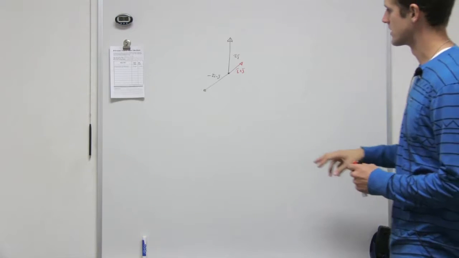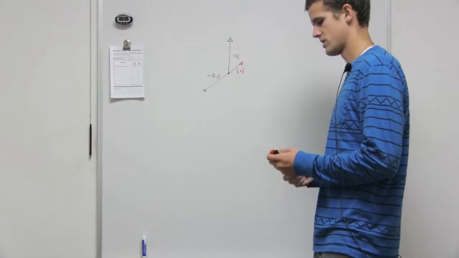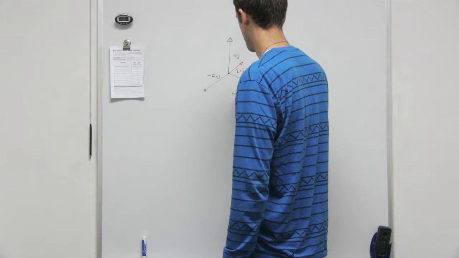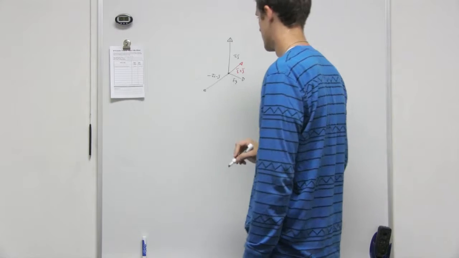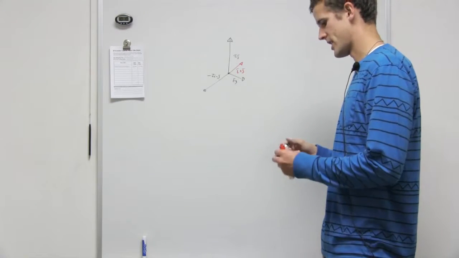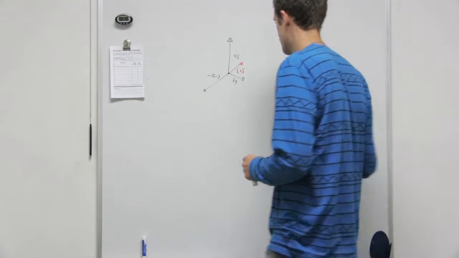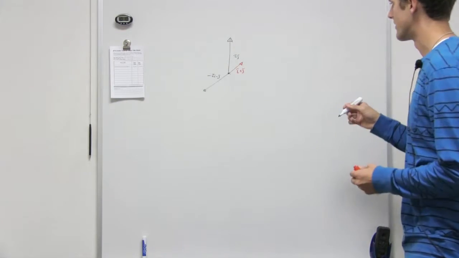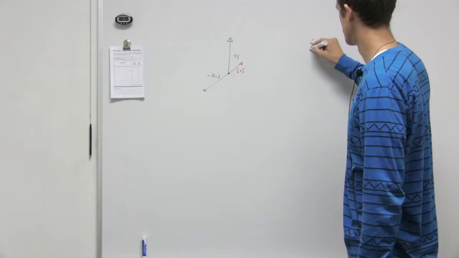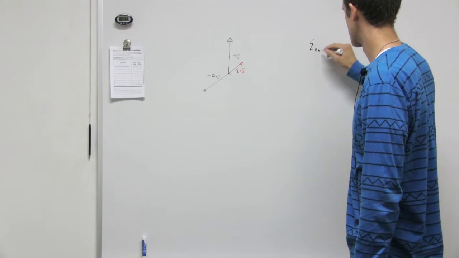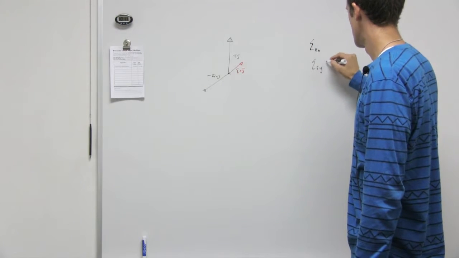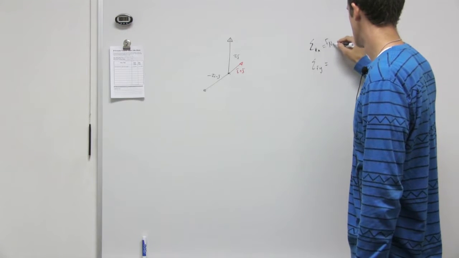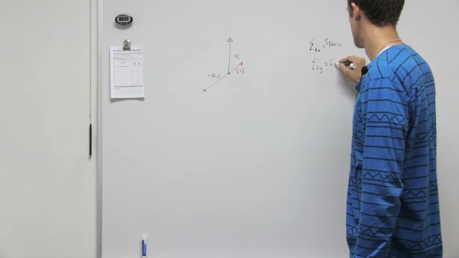So basically you're trying to find the third force, some force 3, that would cause that. On the first type, you do the sum of forces in x and the sum of forces in y, and then you set those equal to the net force in x and the net force in y.